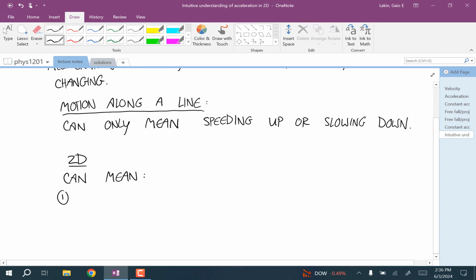It can mean that the speed is changing, and or it can mean that the object is turning. That's something that's not available if you're moving along a line. There's no such thing as turning.